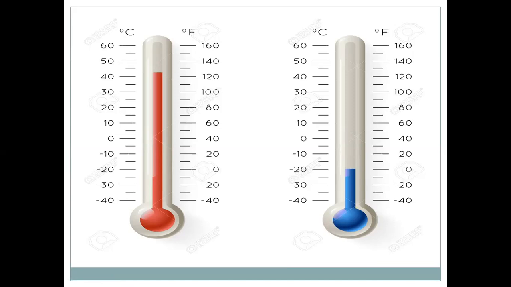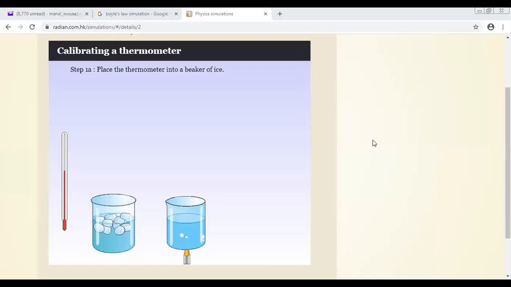Now, to calibrate and design a thermometer, we have some steps. I'll show you the steps that we have to do to calibrate a thermometer. See this simulation. In this simulation, we have an unscaled thermometer, we have pure ice, and we have pure water.